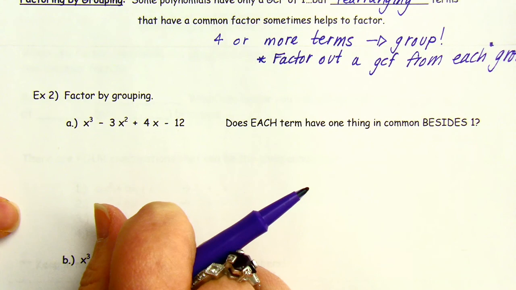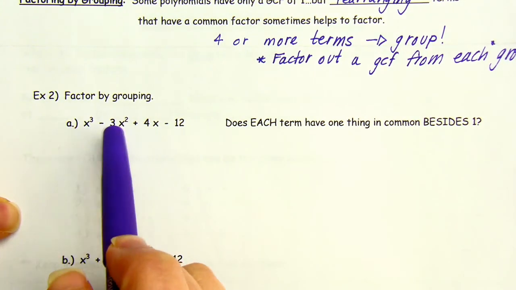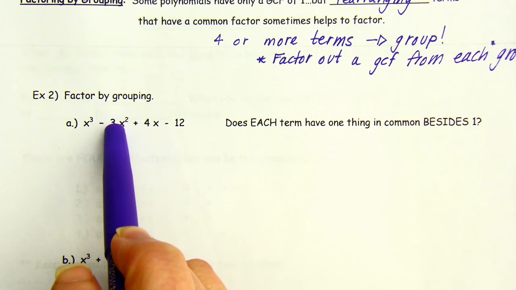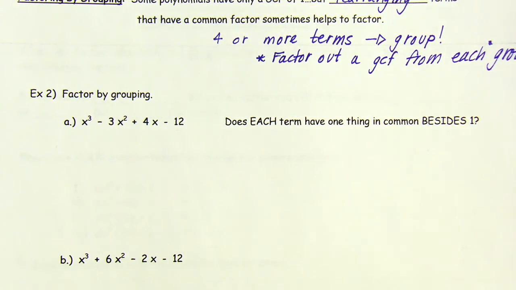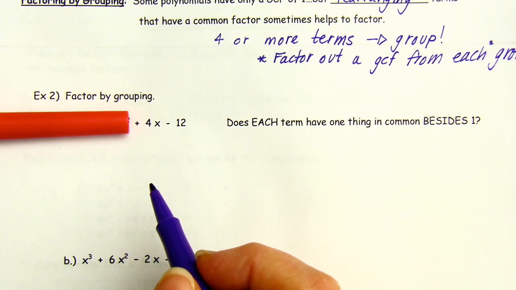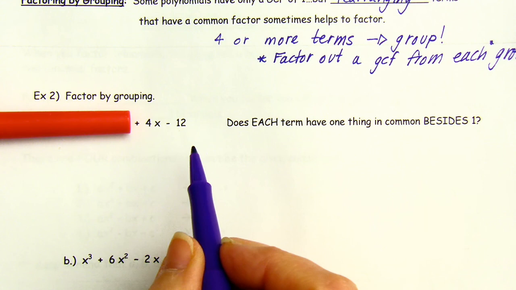All right, so I look at the first 2 terms and I say, oh, well, this one's got 3 x's and this one's got 2 x's, so I could take 2 x's out of each of that. I'm going to group the first 2, and then I'm going to take a look at the second 2 here, which happens to be my 4x and my negative 12. And yeah, I could take a 4 out of each of those.